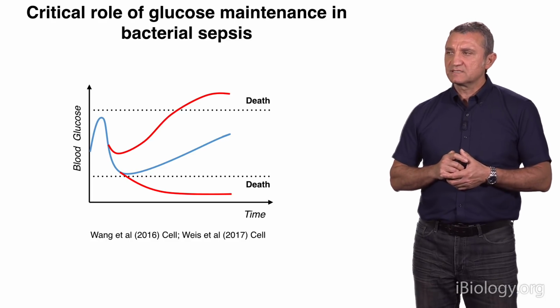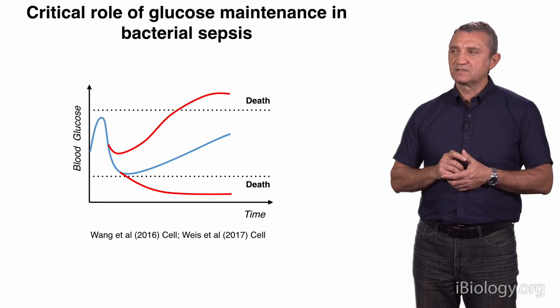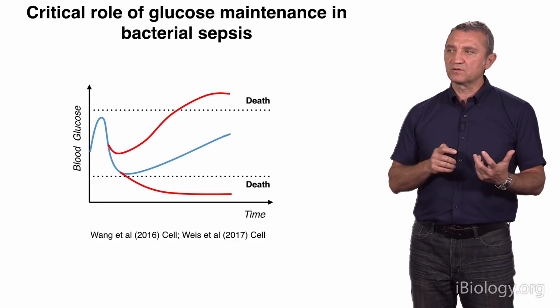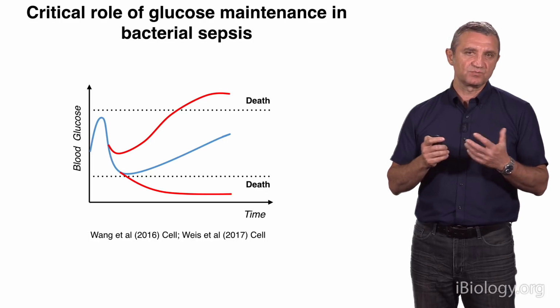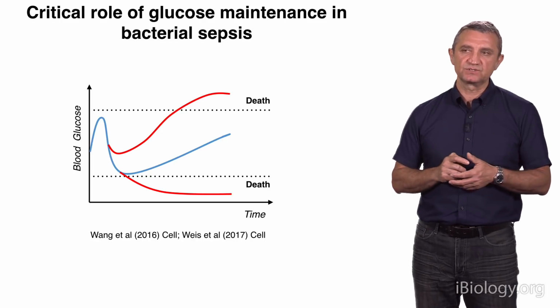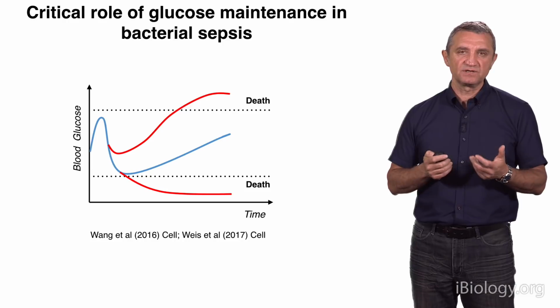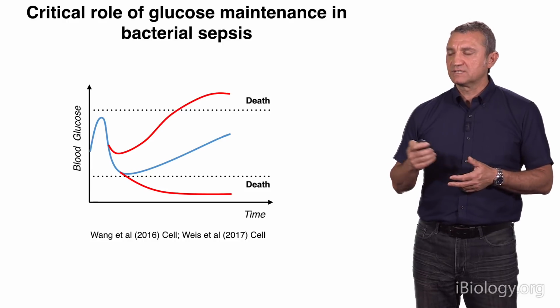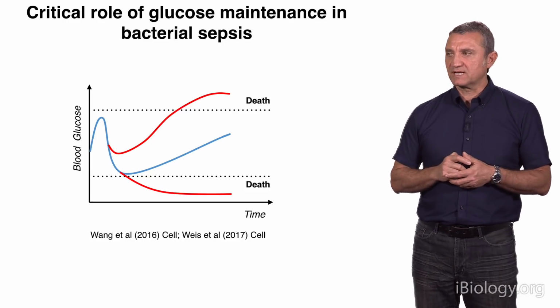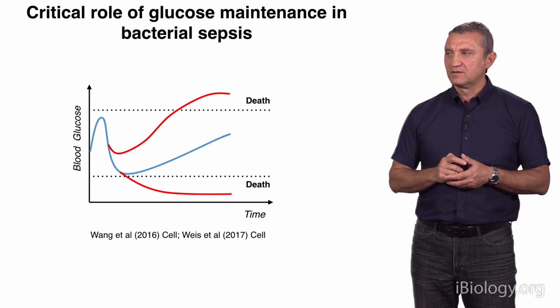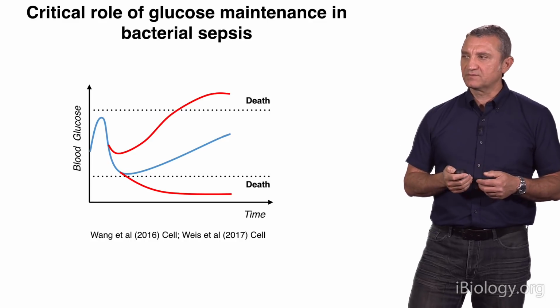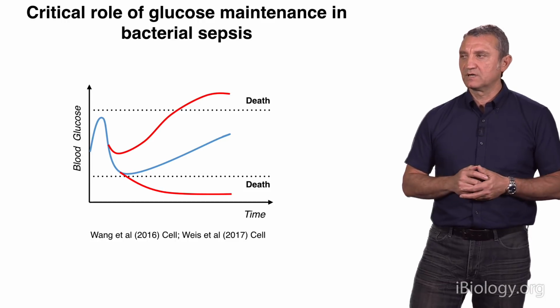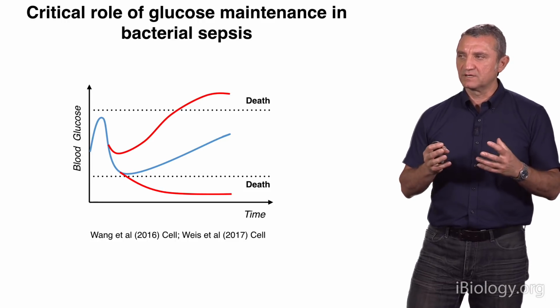And another recent study examined the role of glucose in a very different model, where they looked at the lower threshold level, where they used mice which are unable to produce glucose from the liver, and that also leads to mortality. This was a study by Miguel Soares from Instituto Gulbenkian in Lisbon, where they found that there is also a lower boundary for the glucose level.